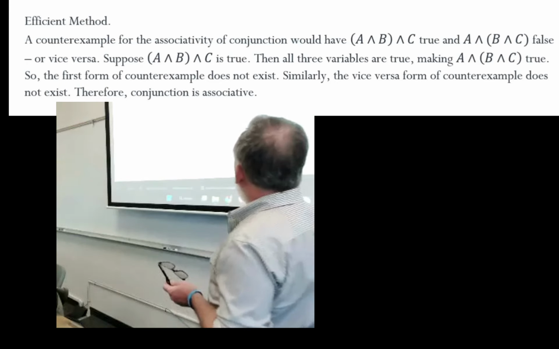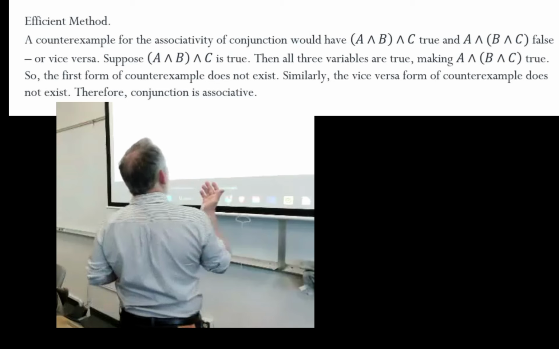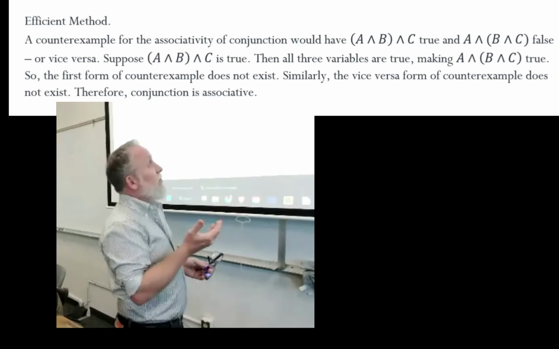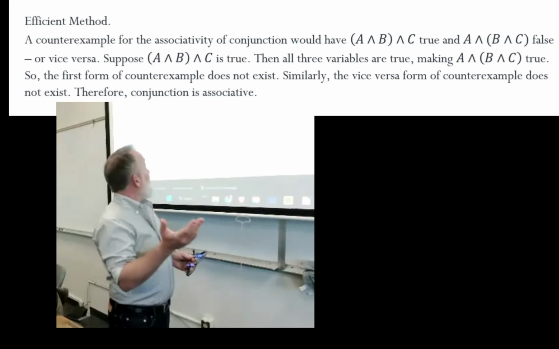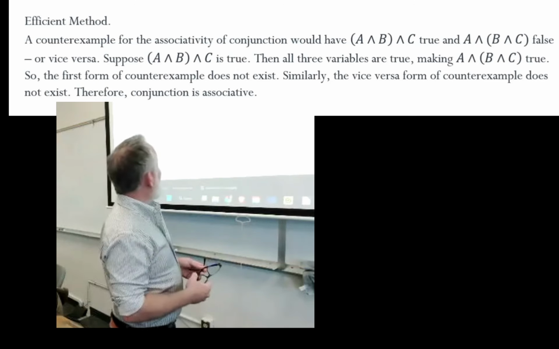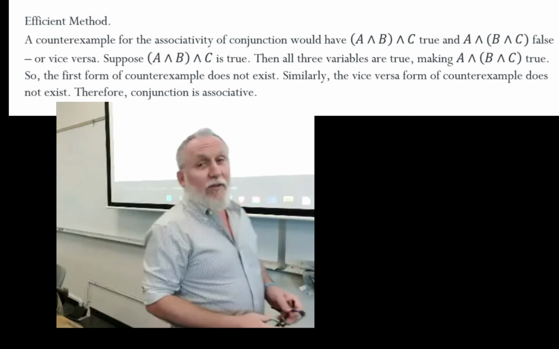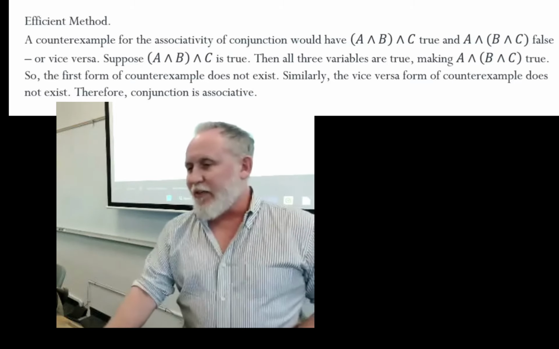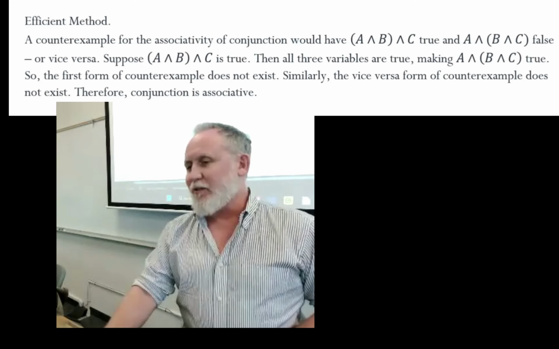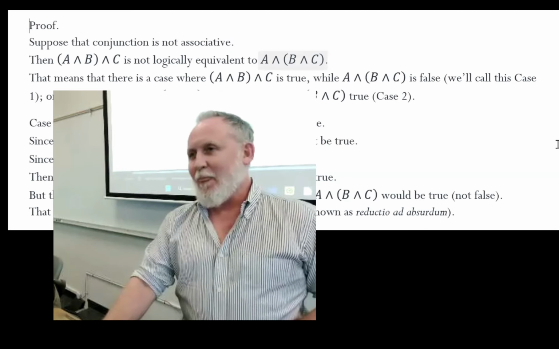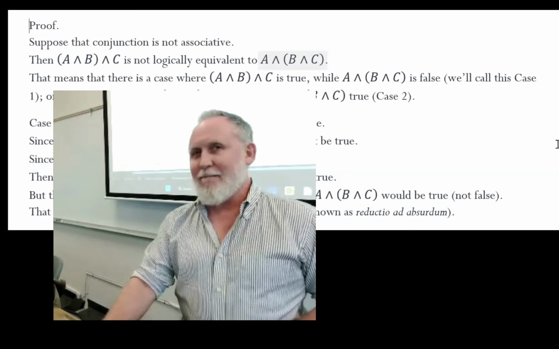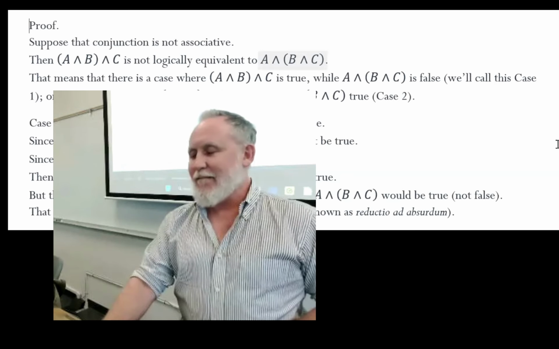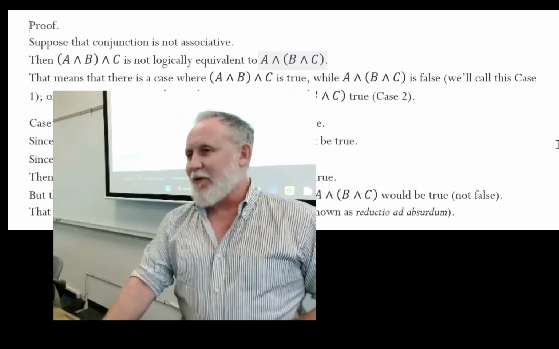Suppose the first is true, then all three variables are true, making the second one true. So the first form of counterexample does not exist. Similarly, the vice versa form doesn't work out either. And you just let the reader fill in the blanks, and do all the thinking through that was made more explicit up here. So you see what I'm getting at?